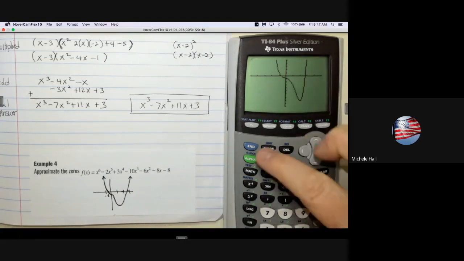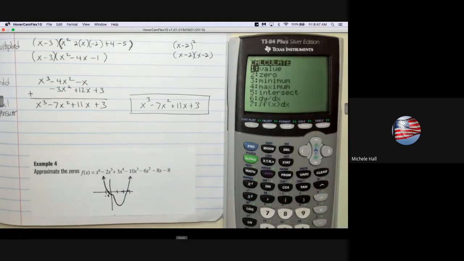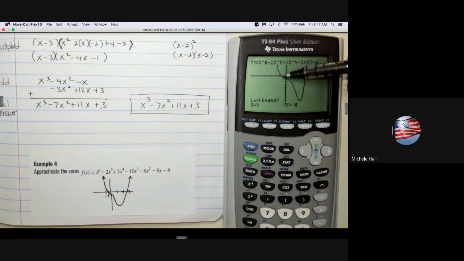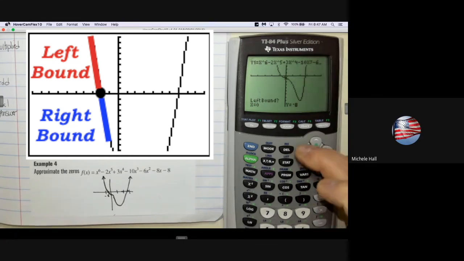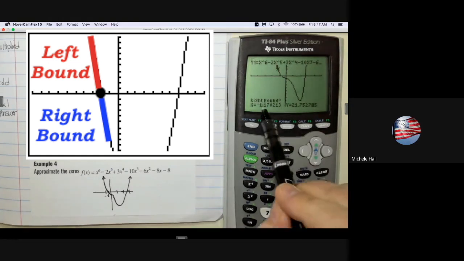So we're going to go to calculate, second trace. We are trying to calculate a 0. Number 2. Left bound, if this is my 0 right here, when am I on the left-hand side of that? That would be on the top. On the top, I'm on the left-hand side of that 0. So I need to be on the top and hit enter. And then it's asking about right bound.